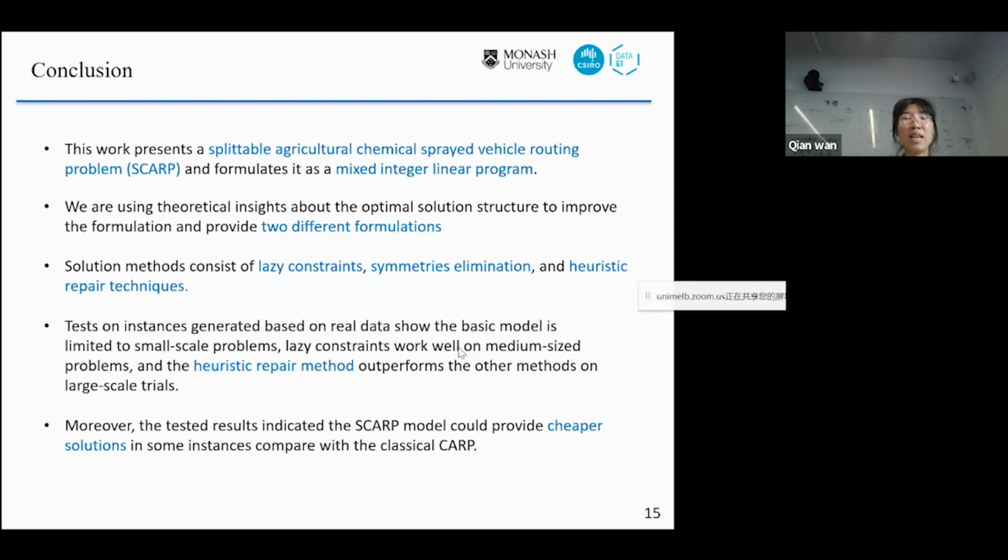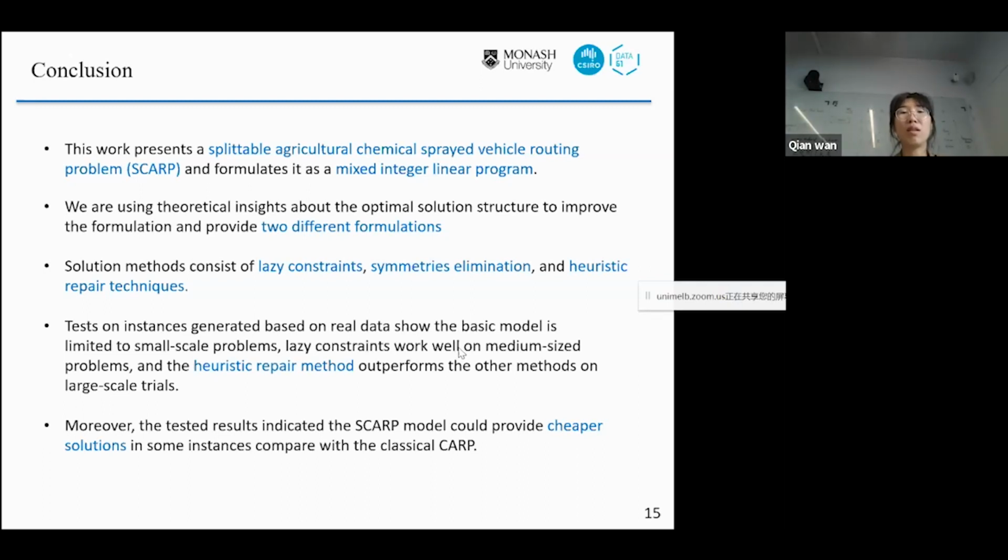And we have a lot of experiments. The tests on instances generated based on real data show the basic model is limited to small-scale problems, and the other techniques, for example, lazy constraints and symmetry elimination, work well on medium-sized problems.